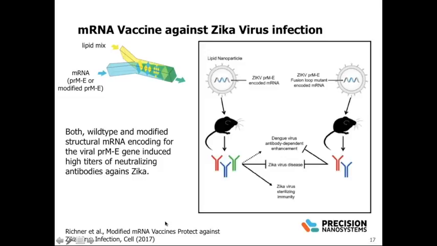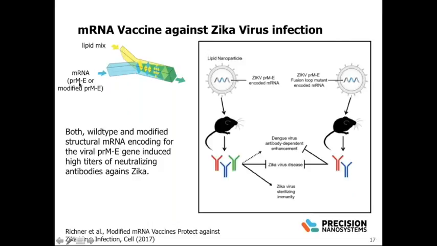In another collaboration with a number of other academic institutions, Valera also worked on, or is still working on, developing an mRNA vaccine against the Zika virus. And here they did a very similar thing as before.